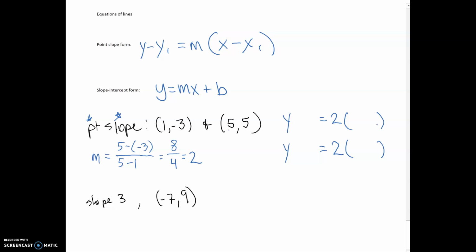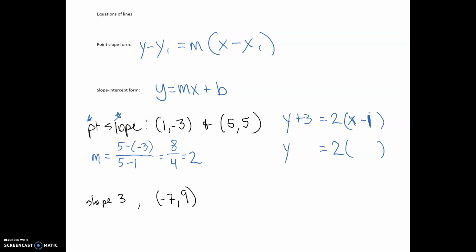Now, for the y-coordinate, if we look at the first point, it's -3. Y minus -3 becomes +3. We're thinking opposites. Over here with the x, x minus the x-coordinate, that is -1.